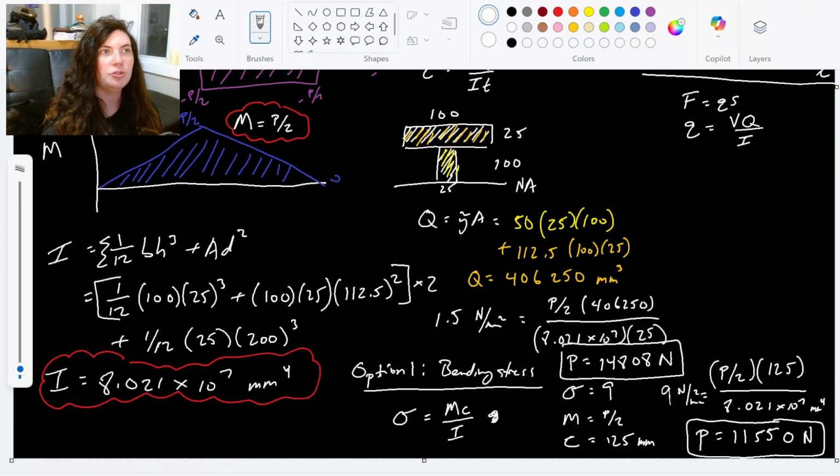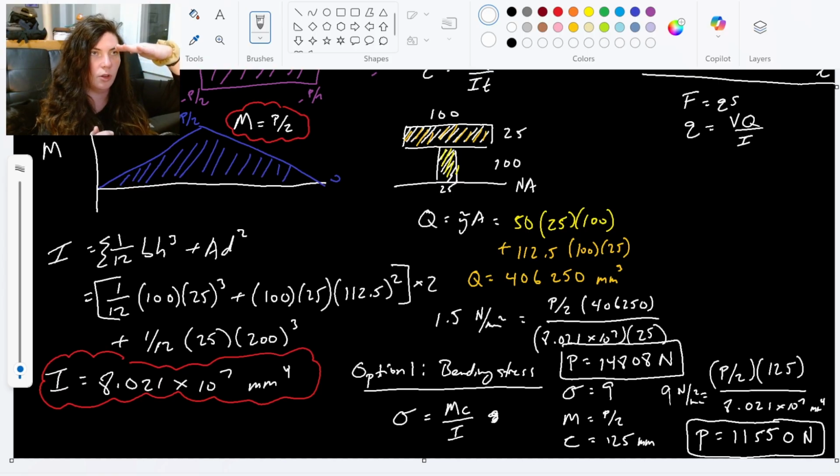So for our option 2, we see that our shear stress option is actually bigger. What that means is that it has more allowable shear stress, which means it will fail first under bending, right? As we go up and up, loading more and more, we hit 11,550.